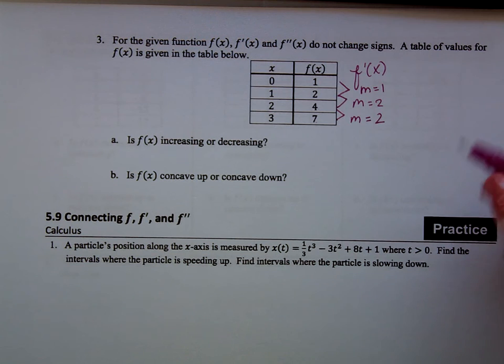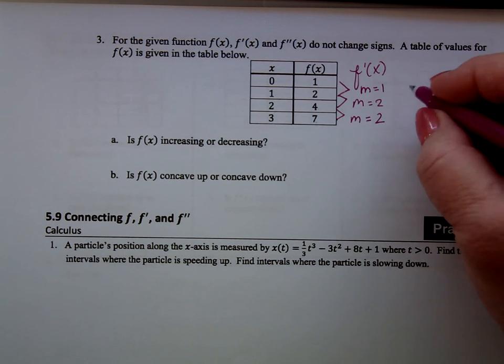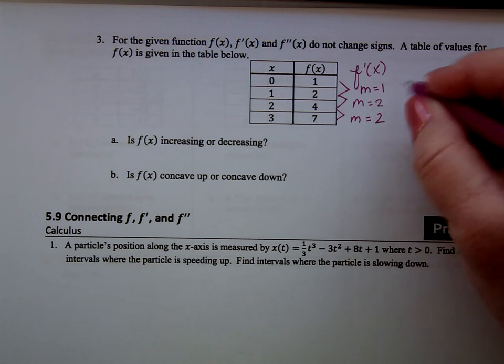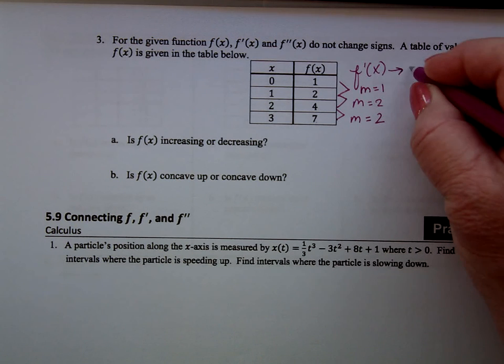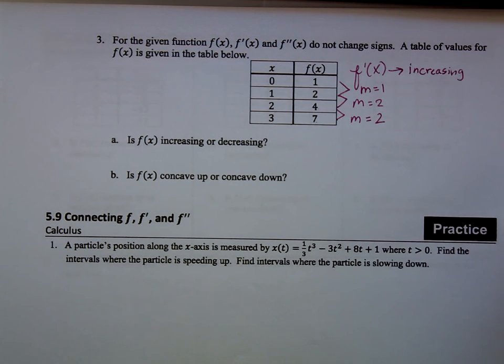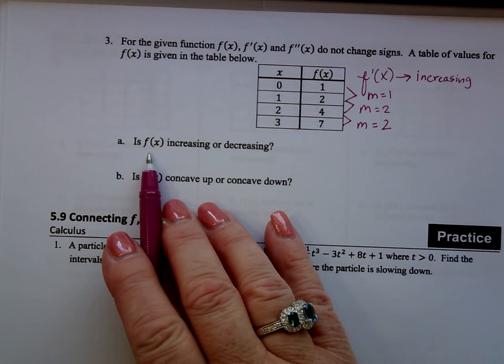I don't know. Anyway, looking at my slopes, I can see they're getting bigger from 1 to 2, but it stays the same at 2, so it kind of levels out. But my slopes are increasing, according to the table. So is f of x increasing or decreasing?